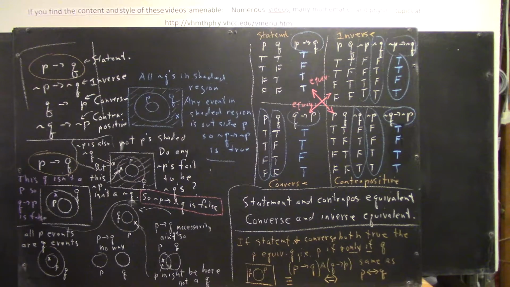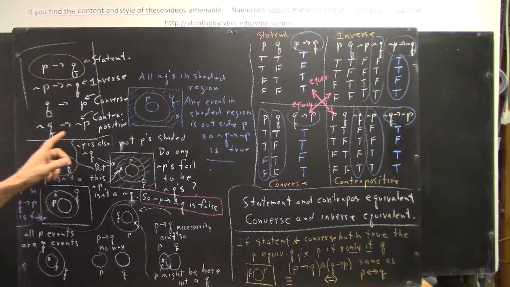So we can say that these two statements both include cases that are not included in the original statement. It's possible that one of them is false when the original statement is true. So these two statements are not equivalent to the original statement.